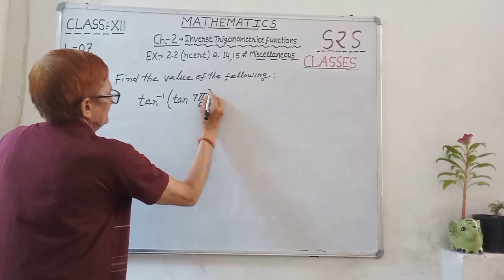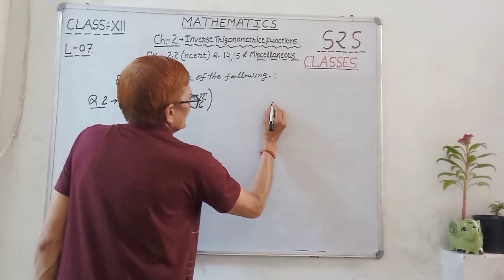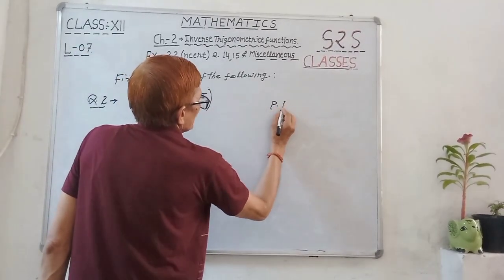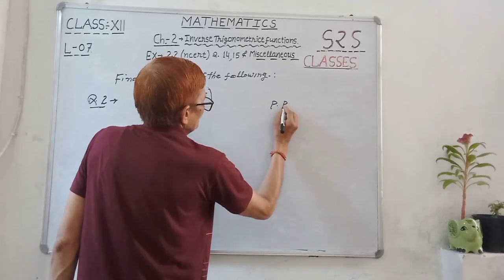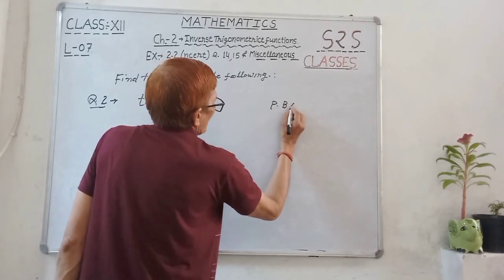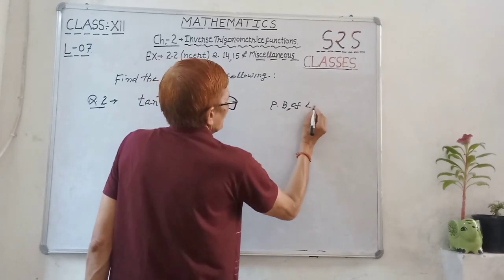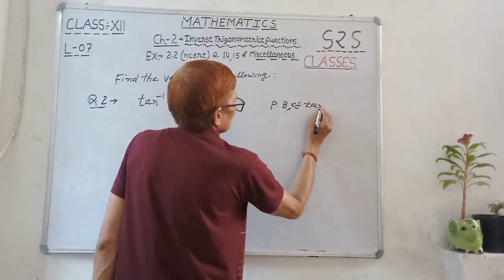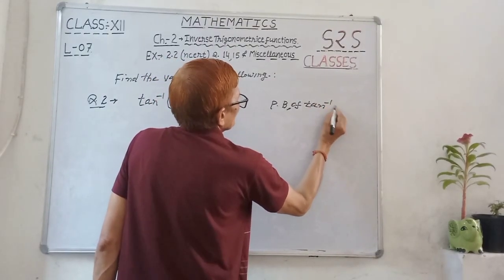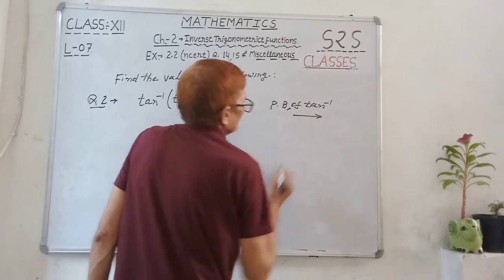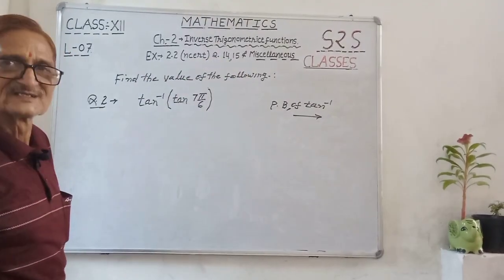Again the same question: the principal branch of tan inverse. What is the principal branch of tan inverse?